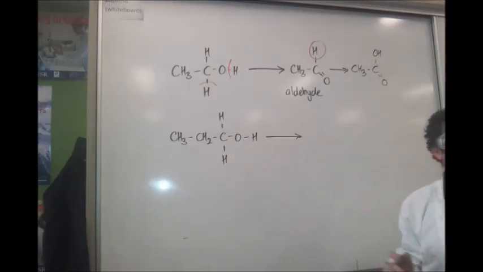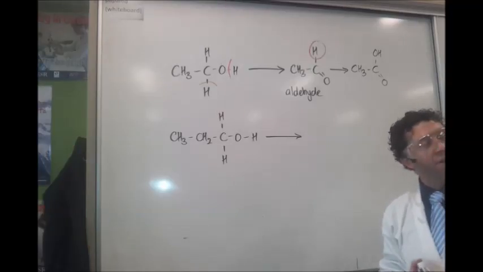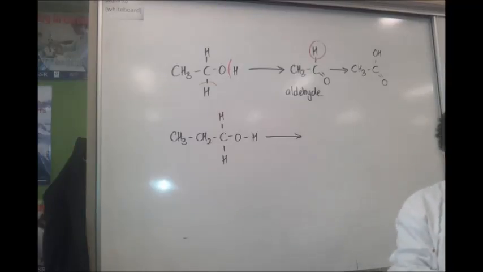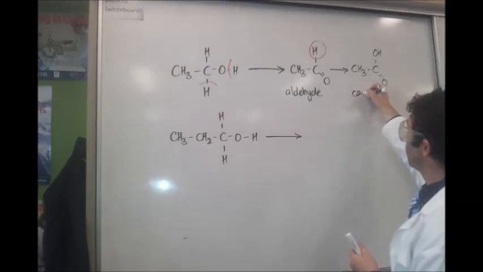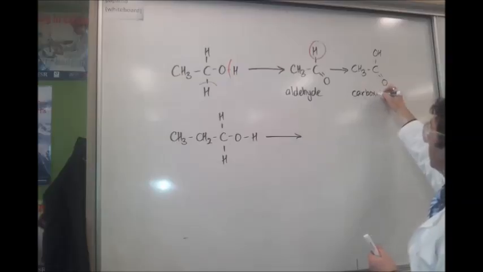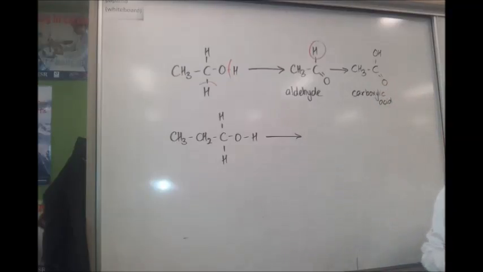In this case, ethanoic acid or acetic acid, which is the active ingredient in vinegar. It's why with wine, if you leave it open too long, it actually starts smelling like vinegar. This oxidation process eventually will start happening after the antioxidants are used up. So this is a carboxylic acid. Now we learn about carboxylic acids this year, so you do need to know a little bit about those. We'll come to that later.